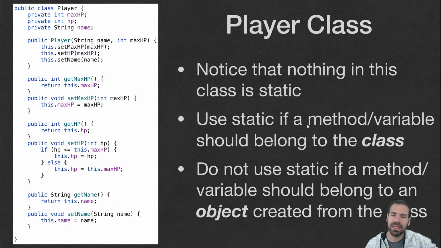So static methods and variables belong to the class that we're writing. The class. So if we had any static methods in this class, they belong to the Player class itself. The average method belongs to the ProblemSet class. Those belong to the class.